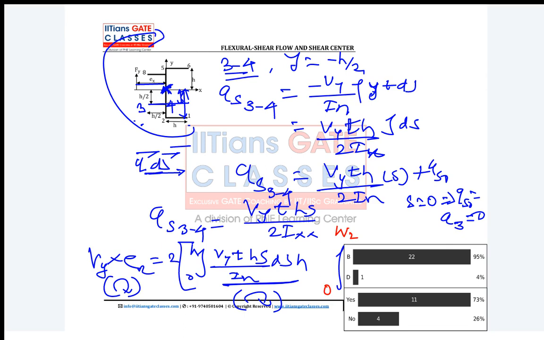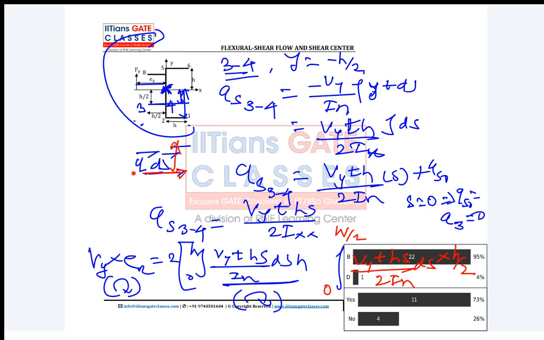So it is Q_s 3 to 4, which we have already written as Vy t h s upon 2 Ix into ds, with moment arm h by 2. This is going in this direction into this moment arm.